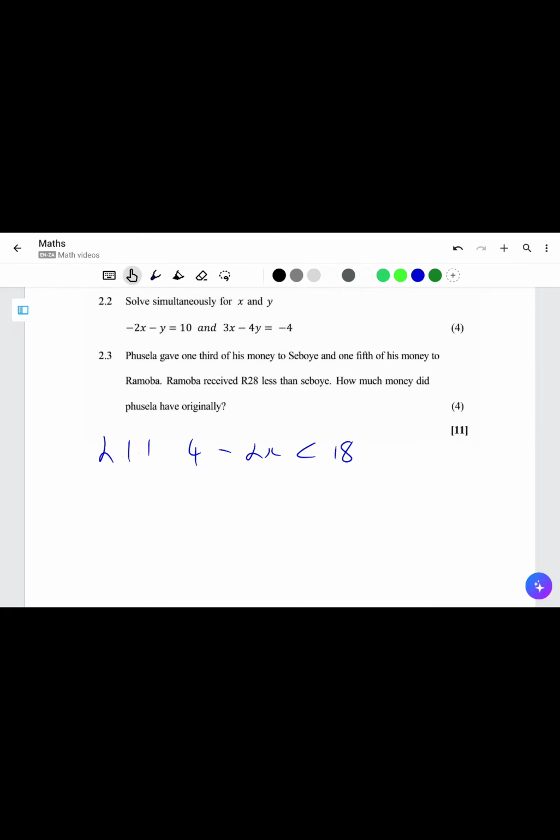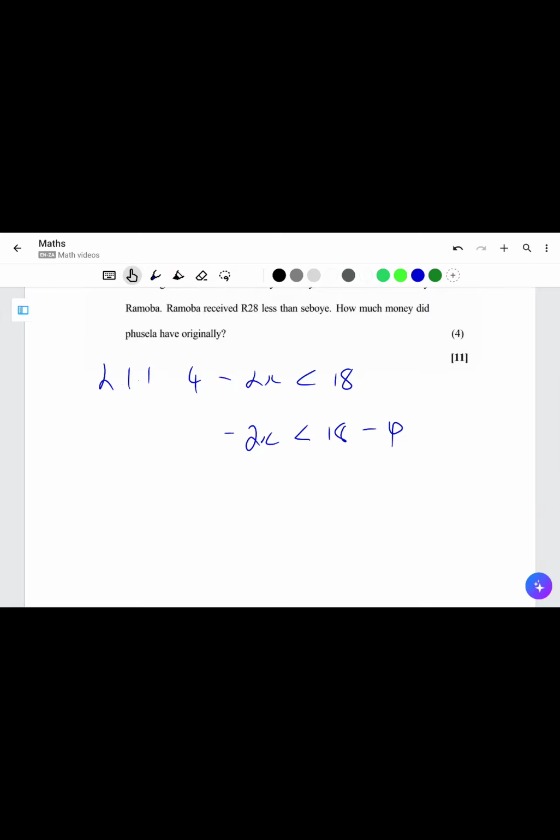Right, so we want x on its own, so we're going to say minus 2x is less than 18 minus 4, okay? So minus 2x will be less than 14, okay guys?